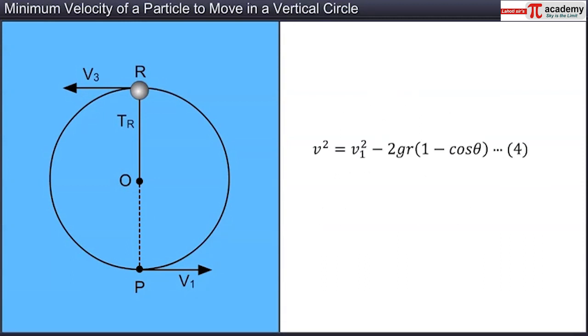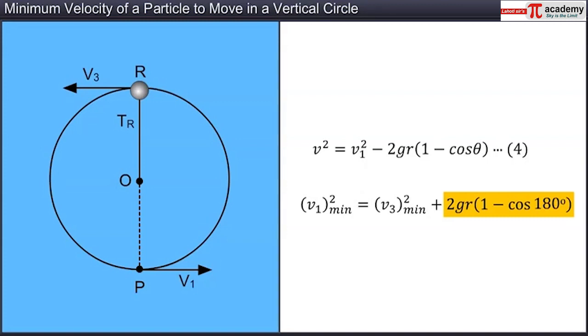Using equation 4, the minimum velocity of the particle at the highest point R to complete the vertical circle is given by v1 square minimum is equal to v3 square minimum plus 2gr of 1 minus cos 180 degrees.